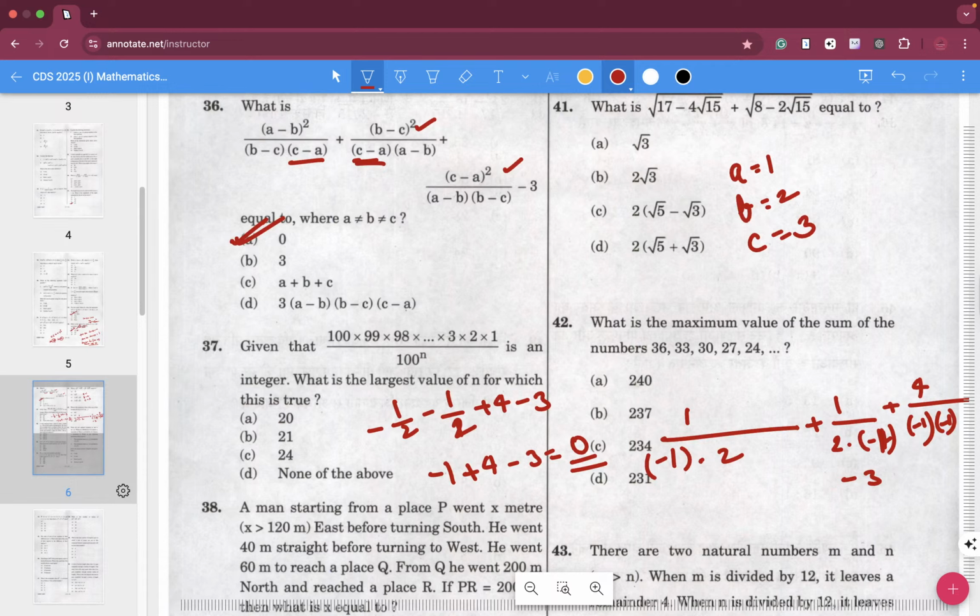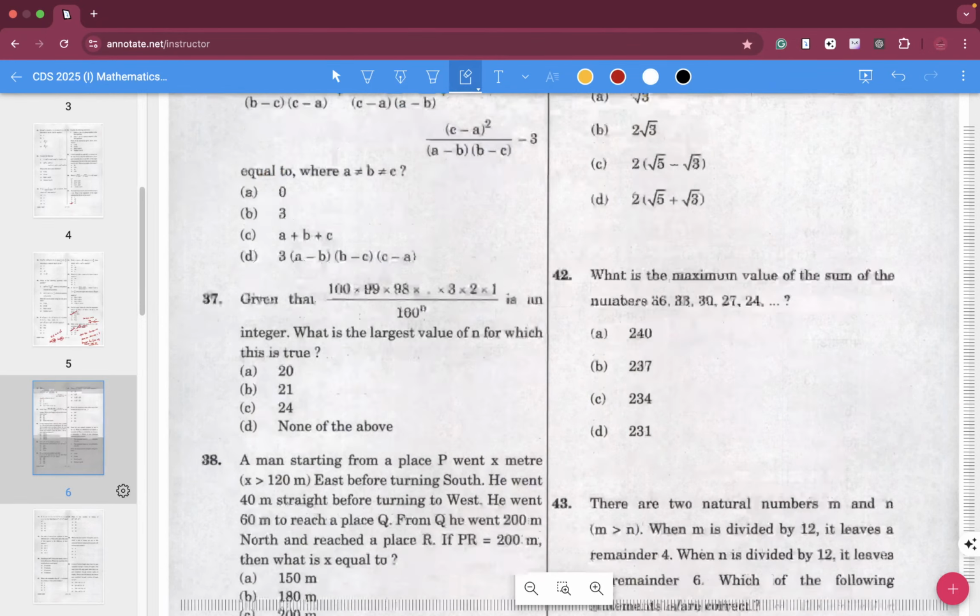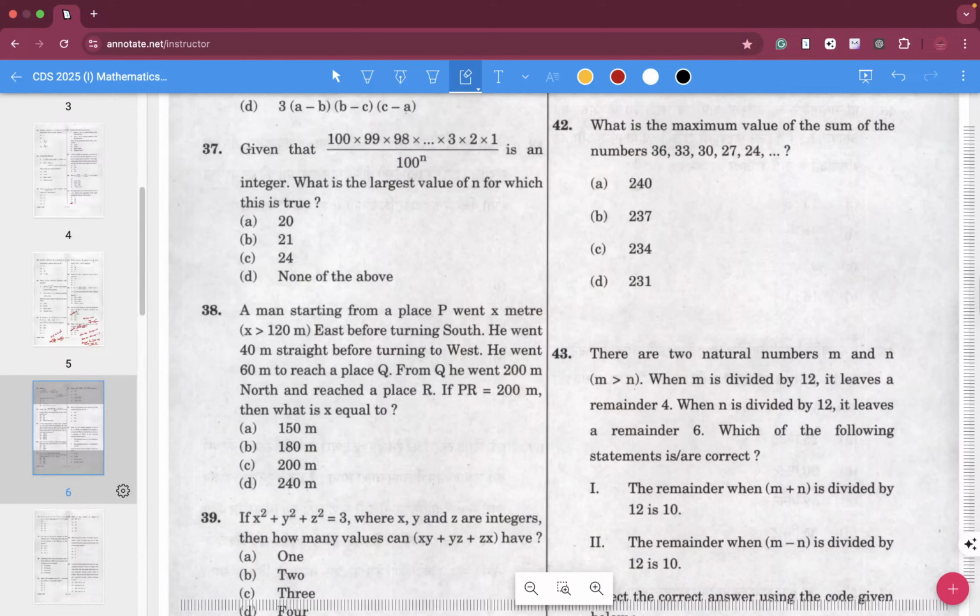Easy. How about question number 37? Now we are approaching the end. Over here in the numerator we have 100 factorial, 1 to 100, and in the denominator we have 100 raised to the power n. What is the largest value of n for which this is an integer?